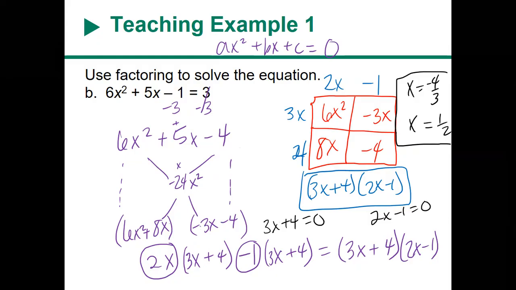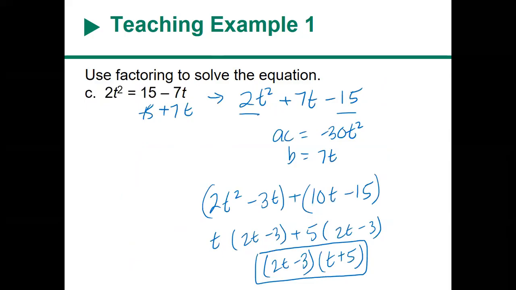Okay, so these are like two-parters. You're going to factor, then set equal to 0. So last one, we had 2t minus 3 and t plus 5. So 2t minus 3 equals 0. So t has to be what? Positive 3/2.